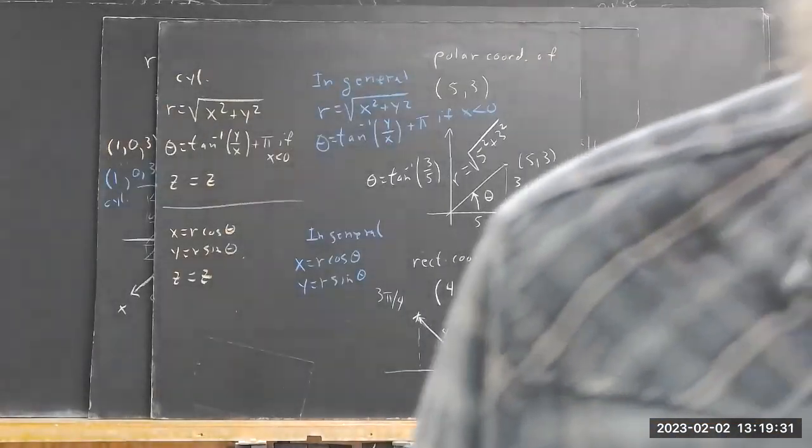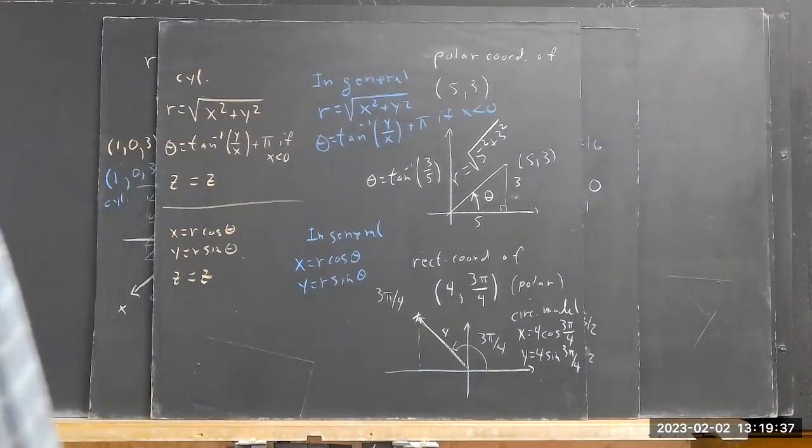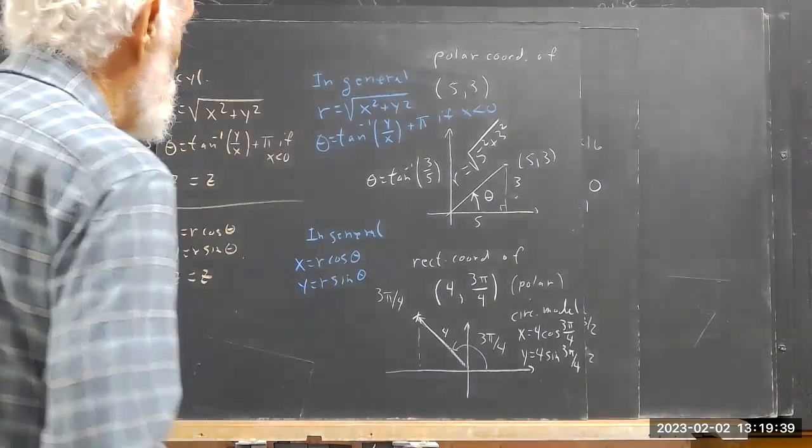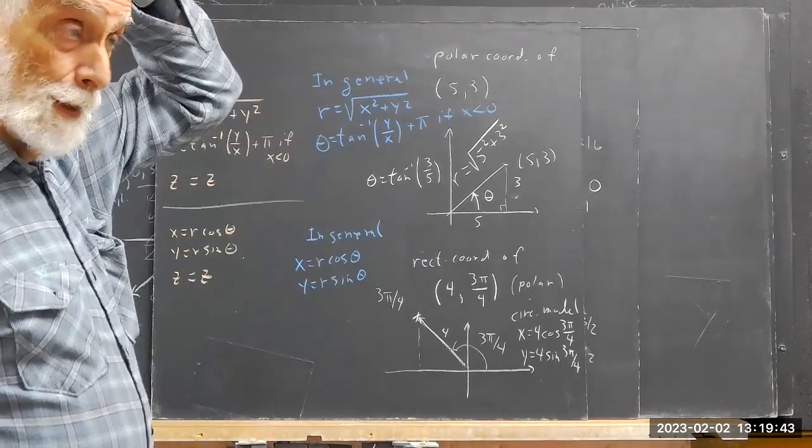Okay, so that's enough about cylindrical coordinates. We need to talk about spherical coordinates, which are a little more involved, but you can kind of base them on cylindrical coordinates. I'm going to show you.